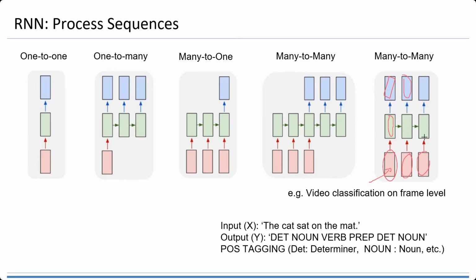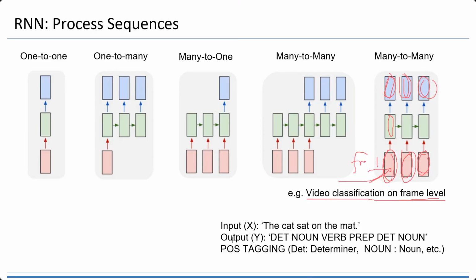Once I give an input, there should be an output. So for example, we can do video classification on the frames. What is the information on frame 1? What is the information on frame 2? What is the information on frame 3?